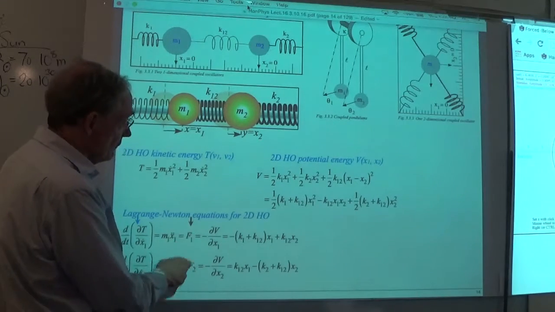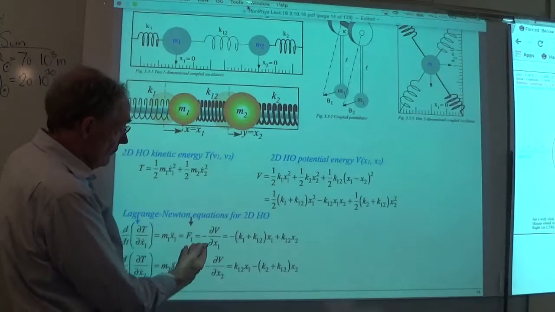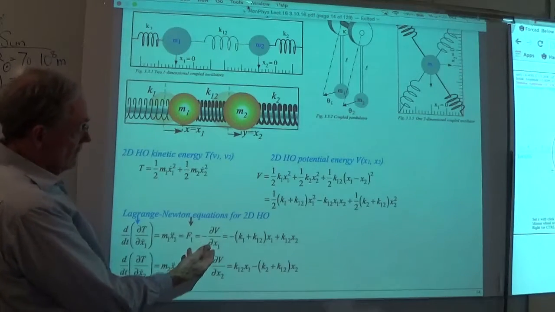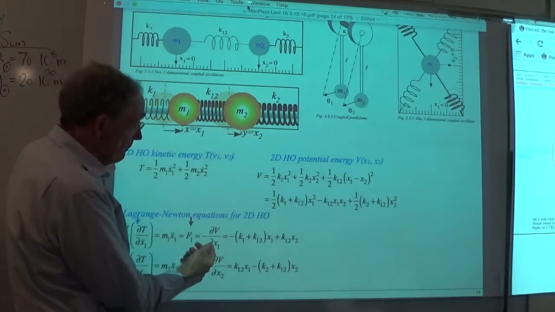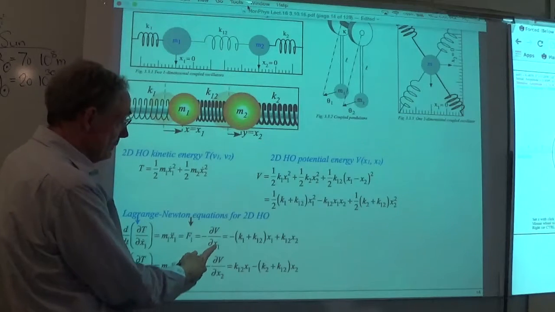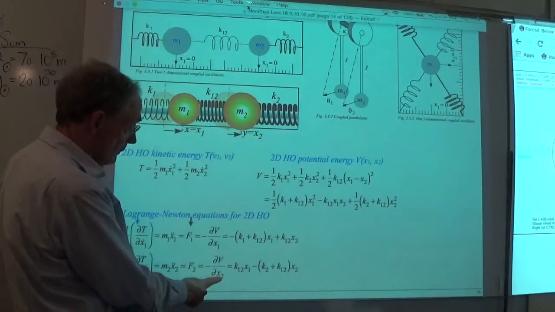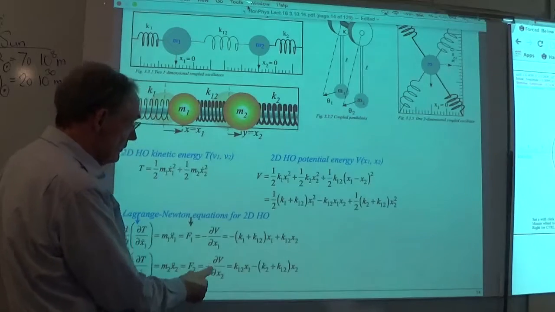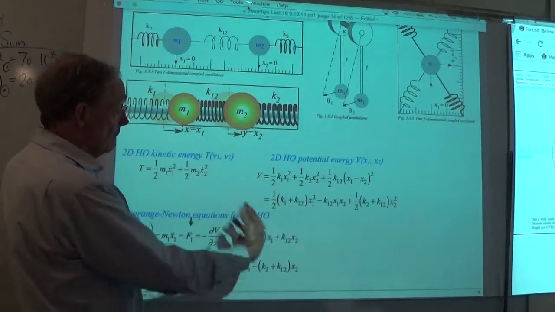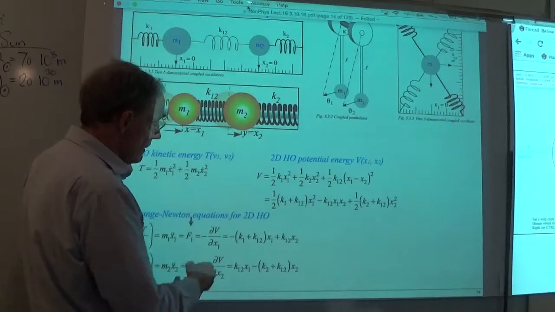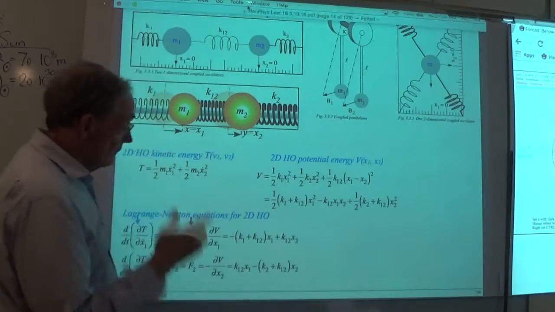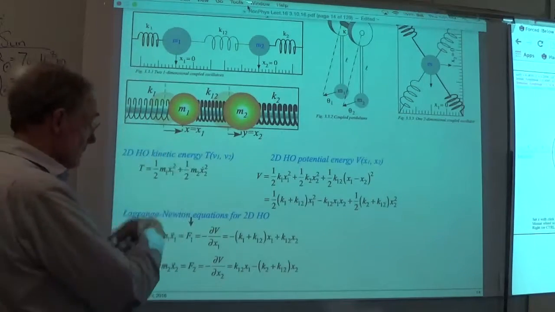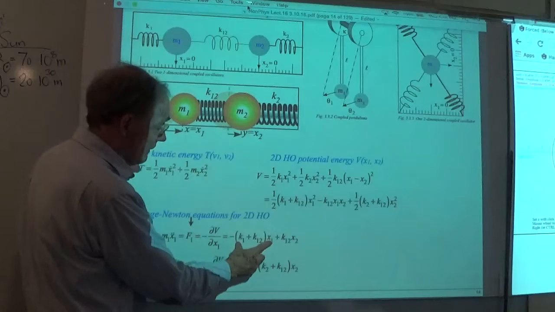But what is the force? The force is determined, and here's the physicist's definition of force: the gradient or partial derivative with respect to independent variable x1 or x2 with a minus sign. This is the force that comes back at you. If you change the displacement by a positive amount, it's going to be a negative force, vice versa.